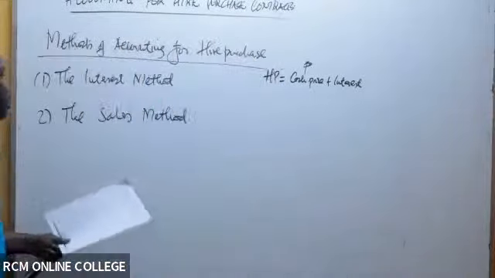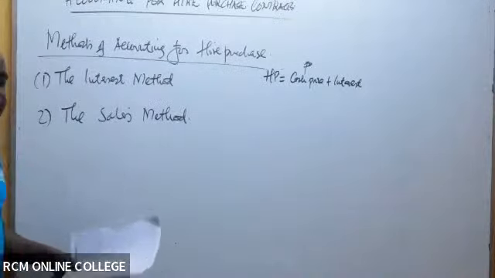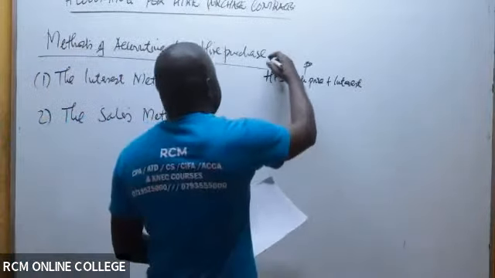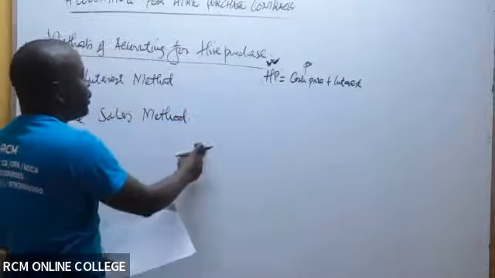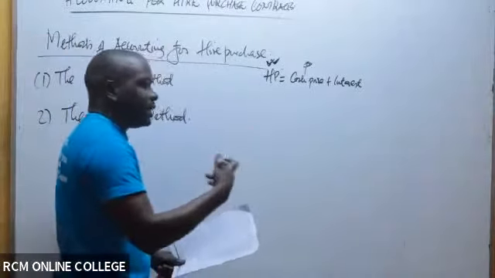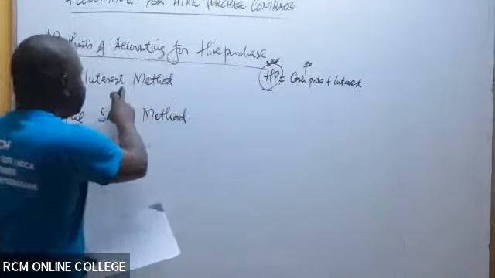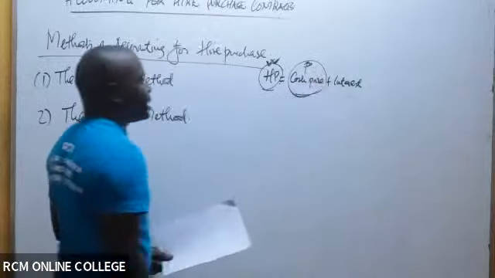And therefore, you can see the difference. Under the sales method, we recognize in the income statement sales at hire purchase price. But remember the other one, the interest method, we recognized sales at cash price.